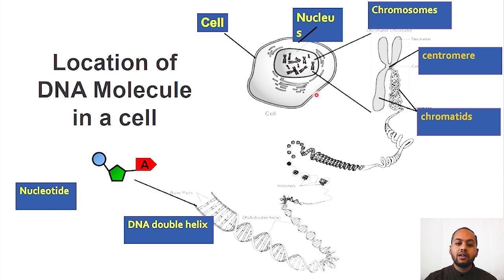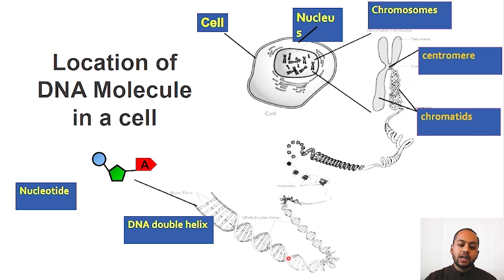So let's just go back. We say that DNA is located inside the nucleus. The majority of our DNA is located inside the nucleus. The nucleus contained the chromatin network, which condensed to form the chromosomes. So therefore, on each and every chromosome, we are going to have our DNA double helix structure that is generally wrapped around certain proteins which we refer to as histones.